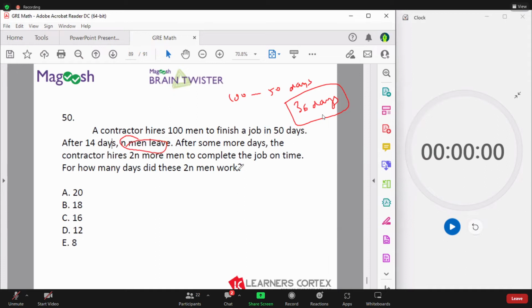So actually, 2n men are employed to complete the job in 36 days. So that means n will become 18. So 18 days is the answer. You just divided 2n equals 36. Yeah, I did that.